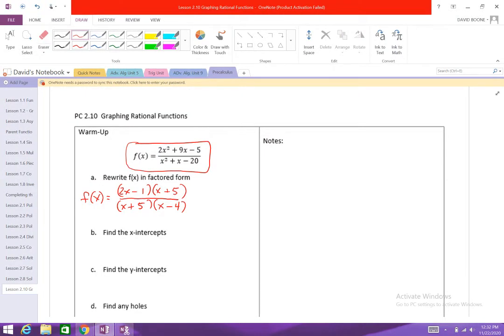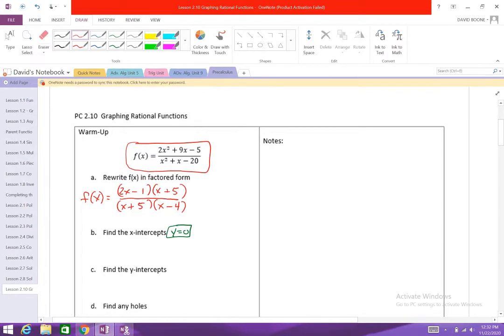What we have to remember now, when we find x-intercepts, is that's always where the y value is 0. That's a good thing to always remember. Because what you do then is you just say, when is this function going to be 0? If I look at this as one big fraction, to be 0, the top has to be 0.